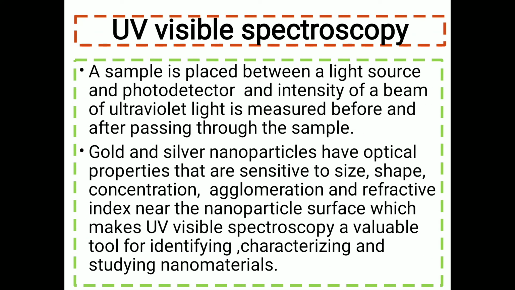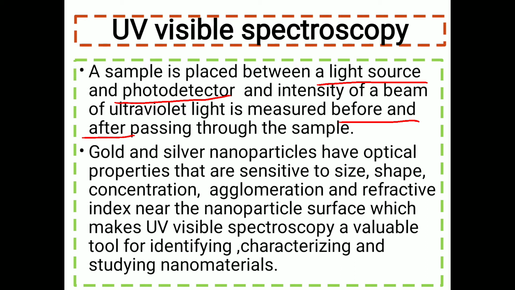The first one is UV visible spectroscopy. In this, a sample is placed between the light source and the photodetector, and the intensity of a beam of ultraviolet light is measured before and after passing through the sample. Means as the light is passed, we get information about their formation.